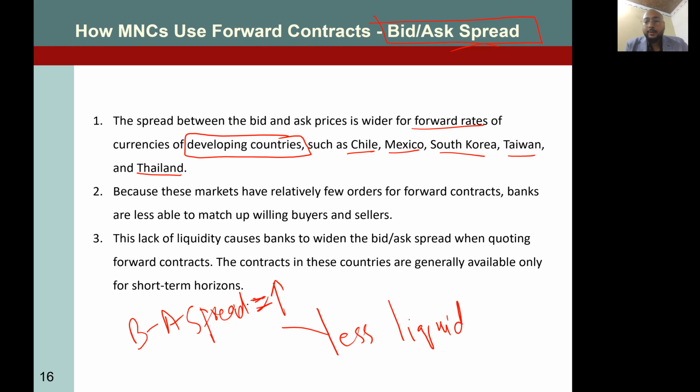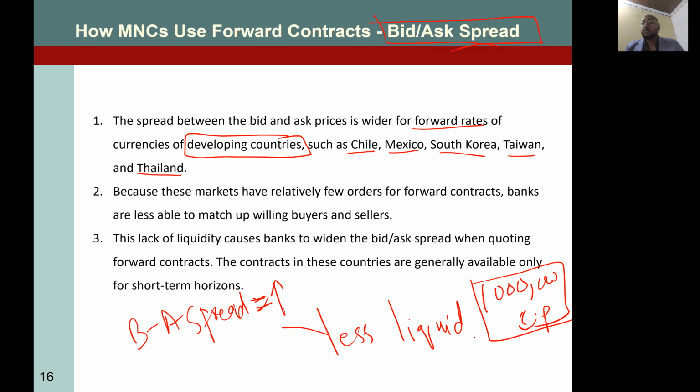So for example, if you need 1 million Chilean pesos and you go to the market, maybe nobody has 1 million, maybe they have 1,000, 2,000, 3,000, and it would take a great deal of time for you to reach up to 1 million.